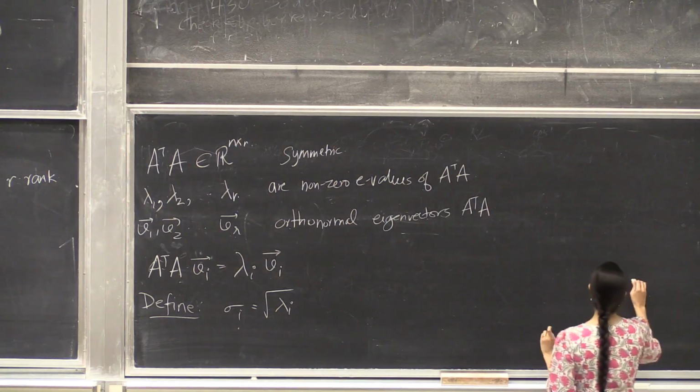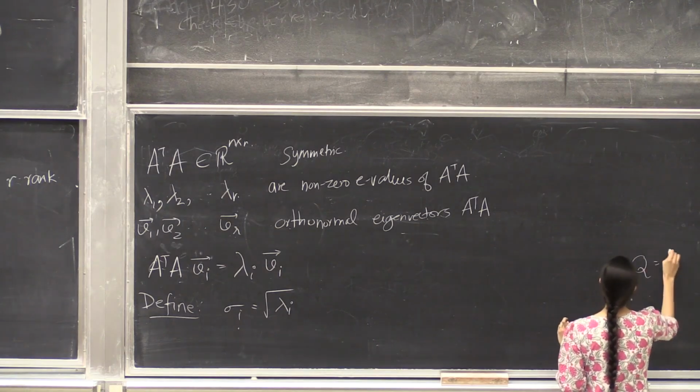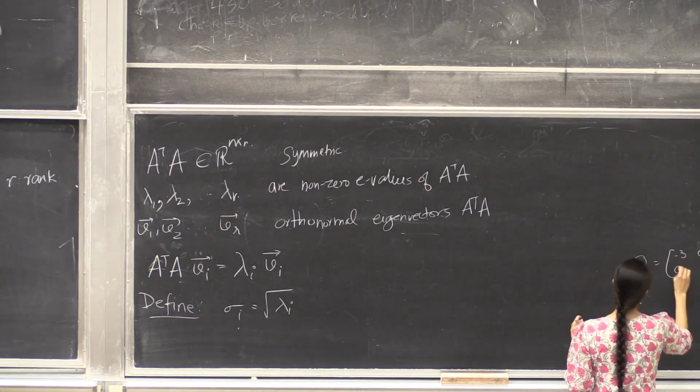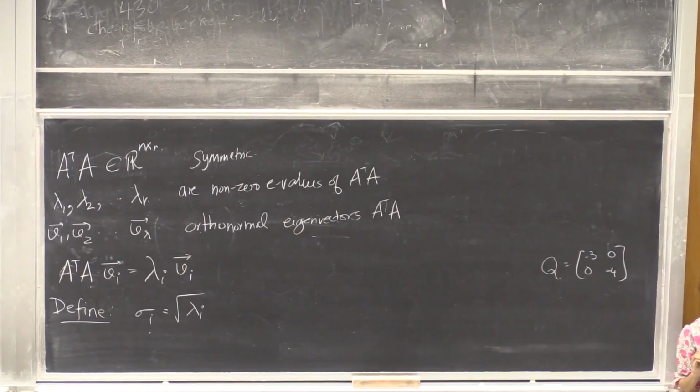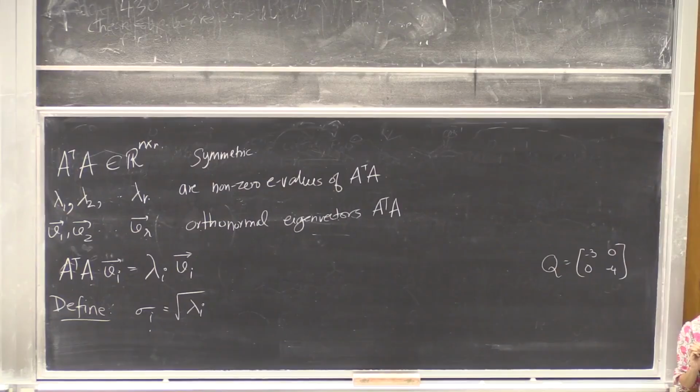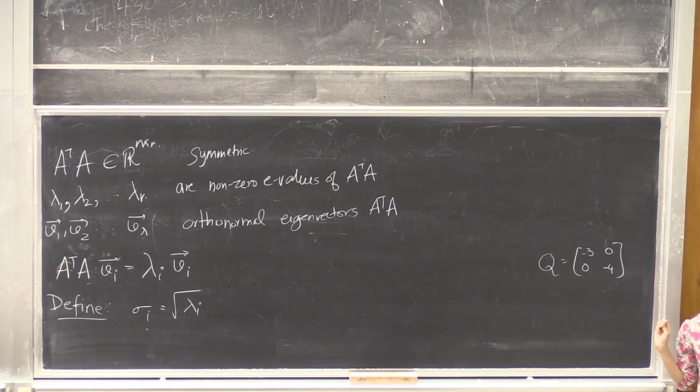If I give you a matrix Q equal to [-3, 0; 0, -4], what are the eigenvalues of this? -3 and -4, right? Is this symmetric? Yes. So can you have symmetric matrices with negative eigenvalues? Yes. So do I know that the lambdas are non-negative?